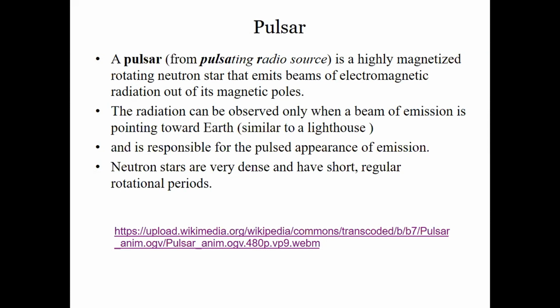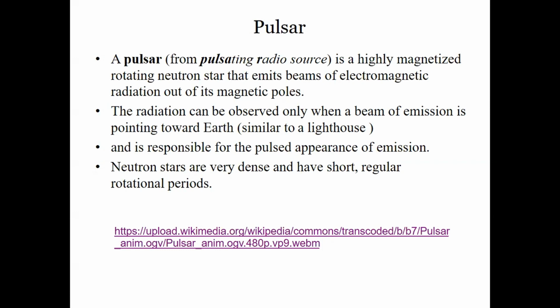So its size is small, its size is compact, and its mass is very large. It emits beams of electromagnetic radiation out of its magnetic poles. So these radiations can be observed only when the beam of the emitted light points towards the Earth.